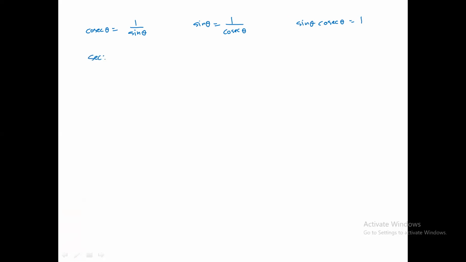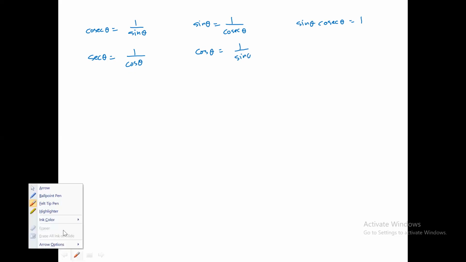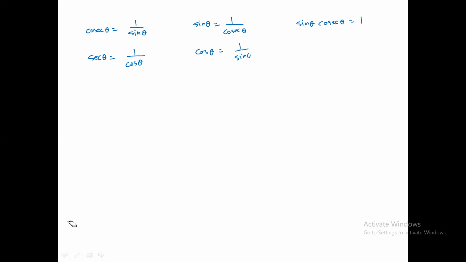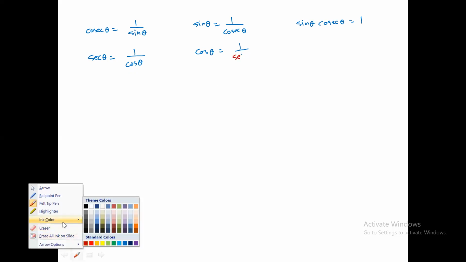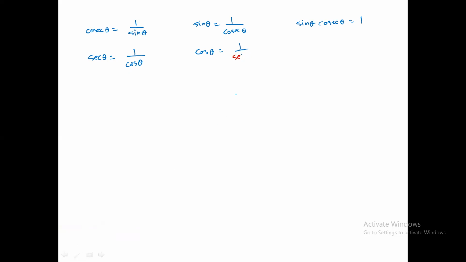Then I told you secant theta is reciprocal of cos theta. Cos theta is reciprocal of secant theta.